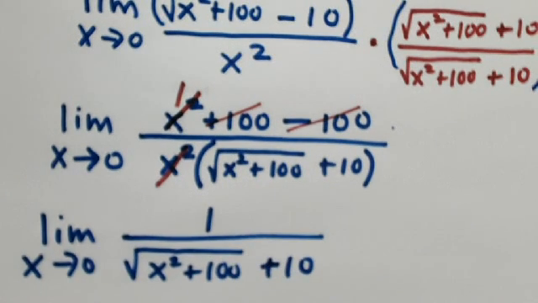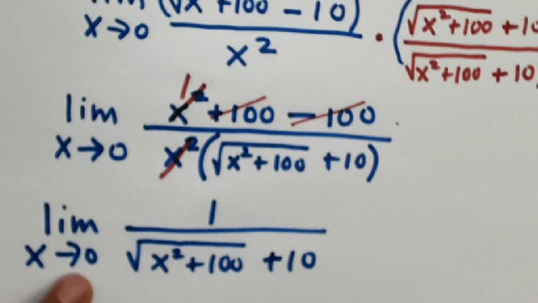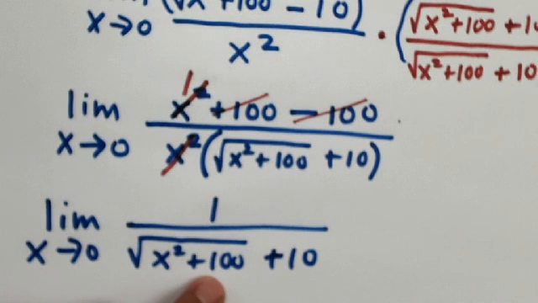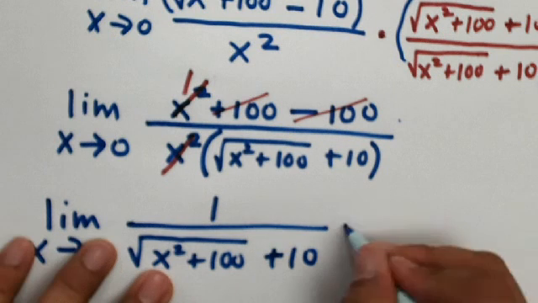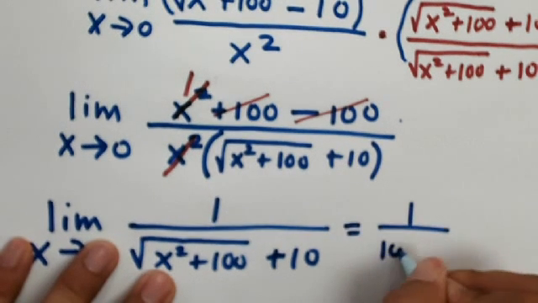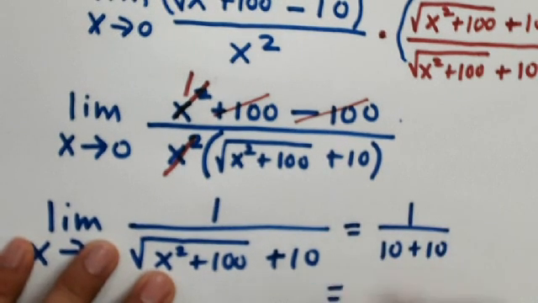Now, what do we do in this step? Substitute. Excellent. We substitute the 0 for the x. 0 plus 100 is 100. What's the square root of 100? We have 1 over 10 plus 10, which gives us indeed 1/20.